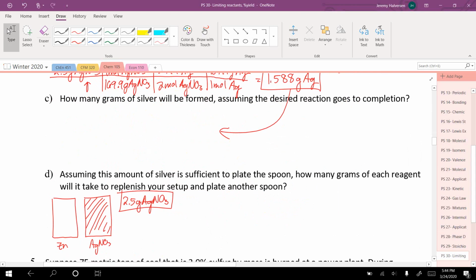Okay, so let's do that. So if I take my 2.5 grams of silver nitrate, I'm going to convert it to zinc, the other reactant.